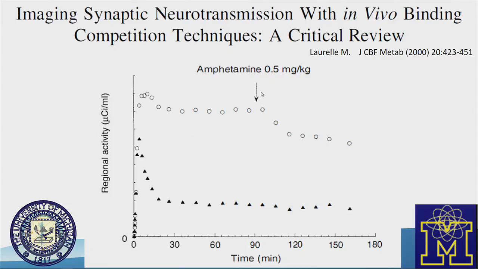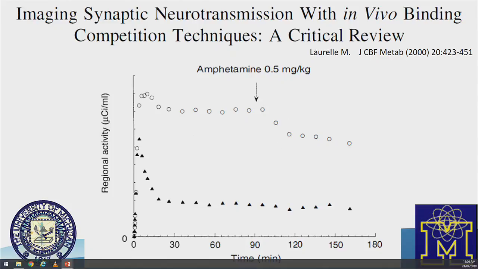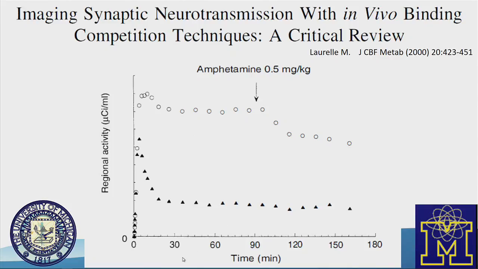And what you can see in response to the amphetamine injection is a fall in the receptor labeling within the putamen. We know from in vitro studies that amphetamine does not directly interact at all with dopamine D2 receptors.